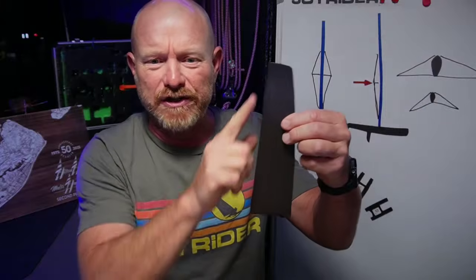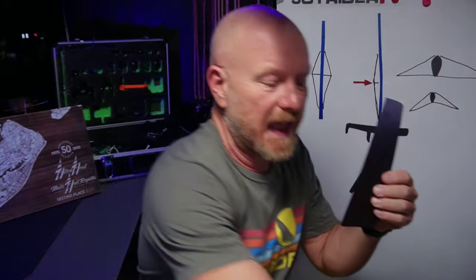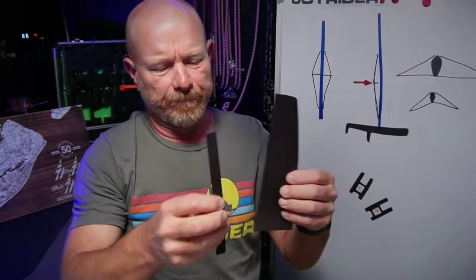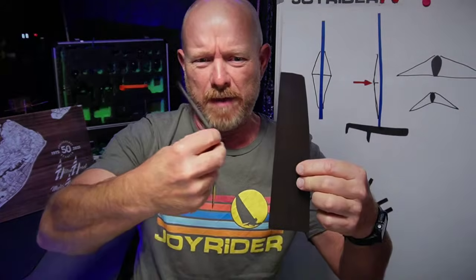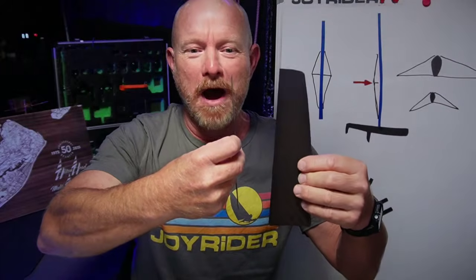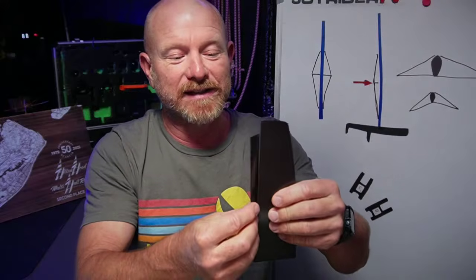If you have a sail which has a totally straight luff, the front edge of the sail is totally straight, and we put that straight edge against a curved mast, then what that's going to do, kind of like when you're making a cone out of paper, it's going to put a load of curve into the sail.